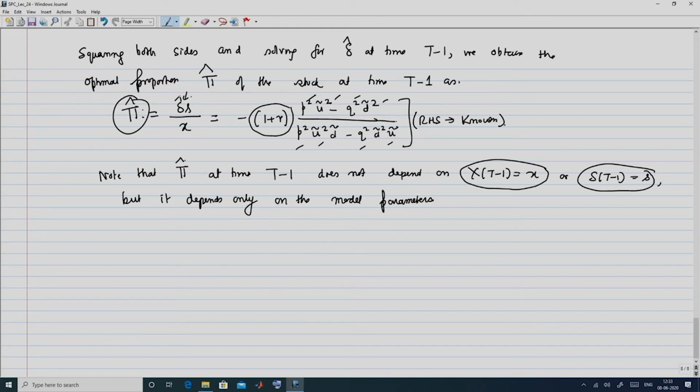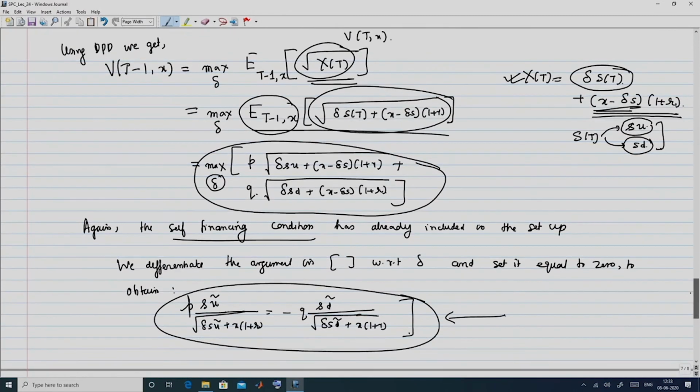Okay, so now that we have obtained this delta hat here, we can substitute this to obtain the actual maximum value, that means to determine what is v of t minus 1 of x.